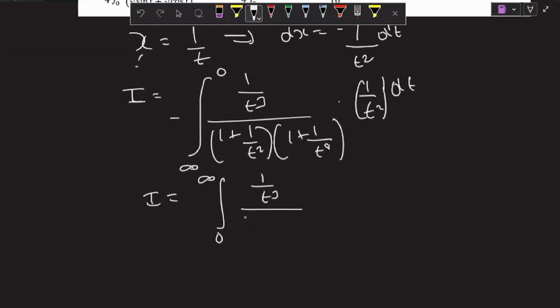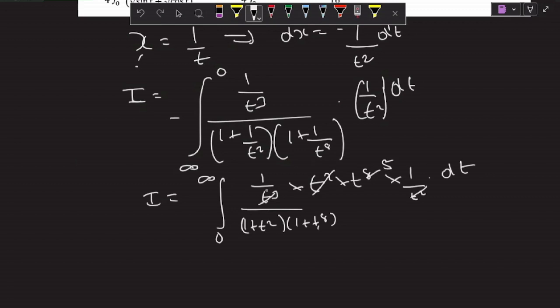Then we take the LCM and take some stuff to the numerator: 1 plus t square into 1 plus t power 8, and we have a numerator t square into t power 8. And we already had this 1 by t square here into dt. Cancel this with this, with t to the power 5 left remaining.